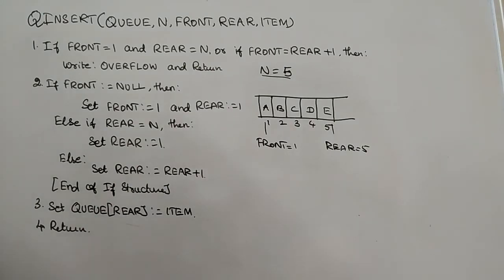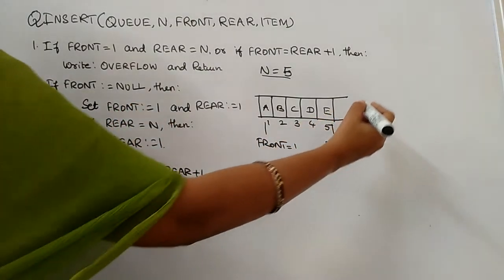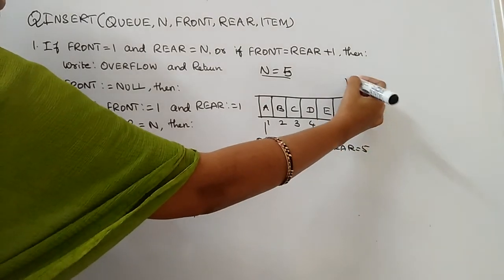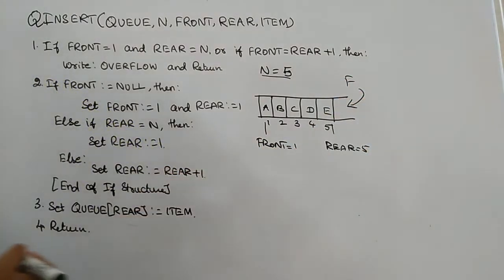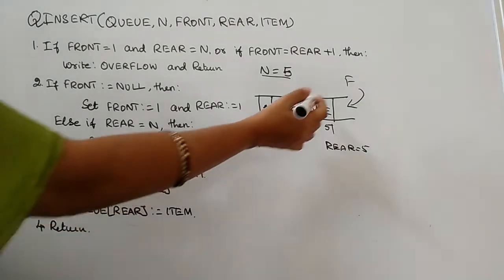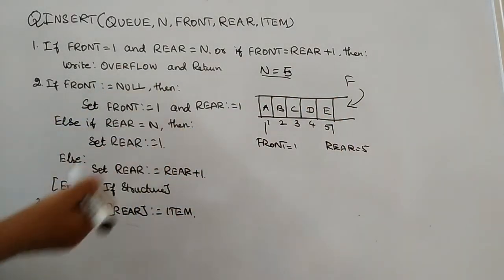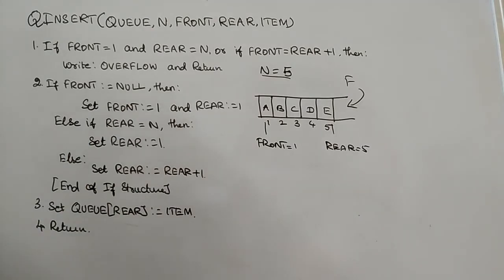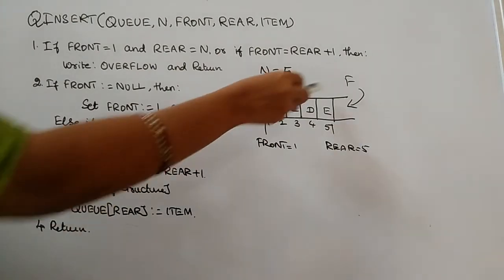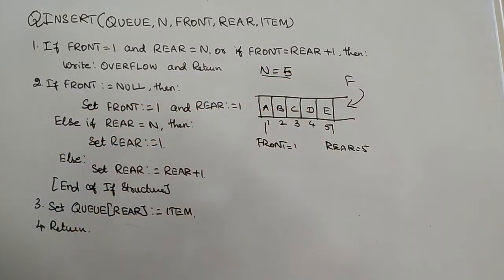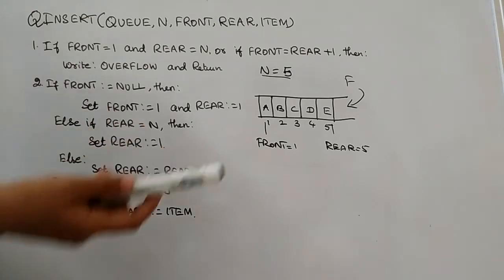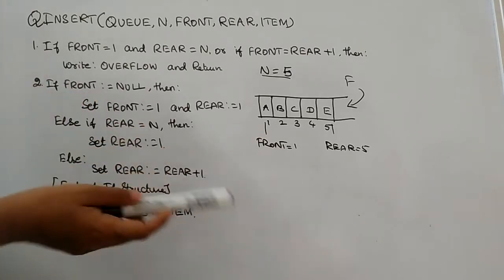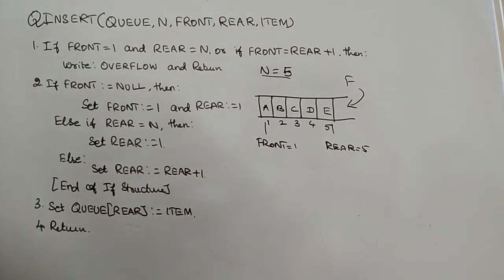In case I wish to push one more element F into the queue, there is no space here. By that time overflow will occur, because there is no space in this queue to insert the element F. So I am going to prompt the user with overflow.